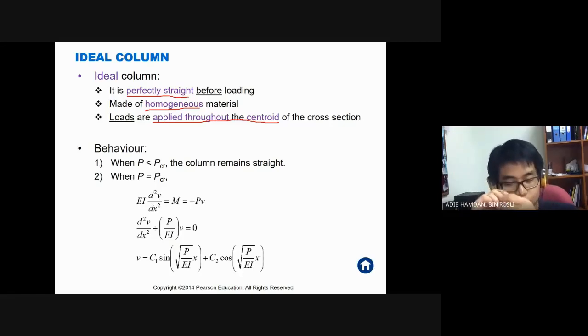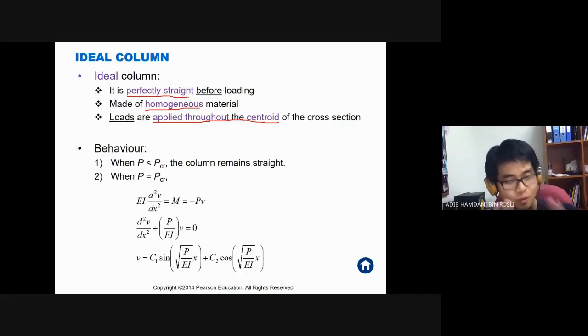So you need to know where the centroid is, of course, and for an ideal column you assume that the axial load is applied through the centroid. There is a discussion, not in this course by the way, of eccentricity, which means that you don't apply the load at the centroid, and what happens then.